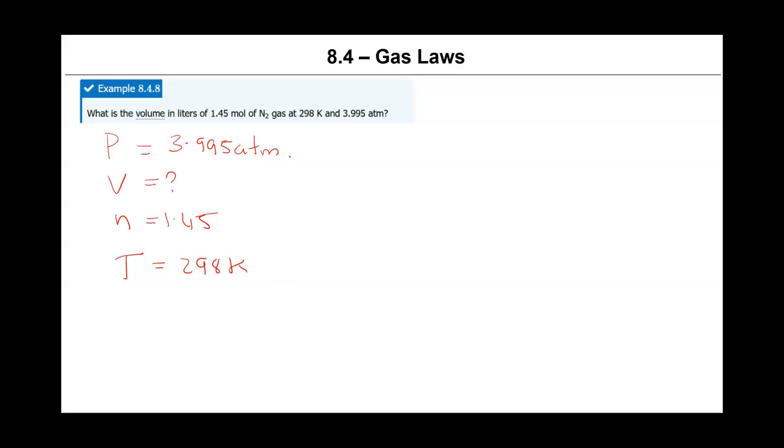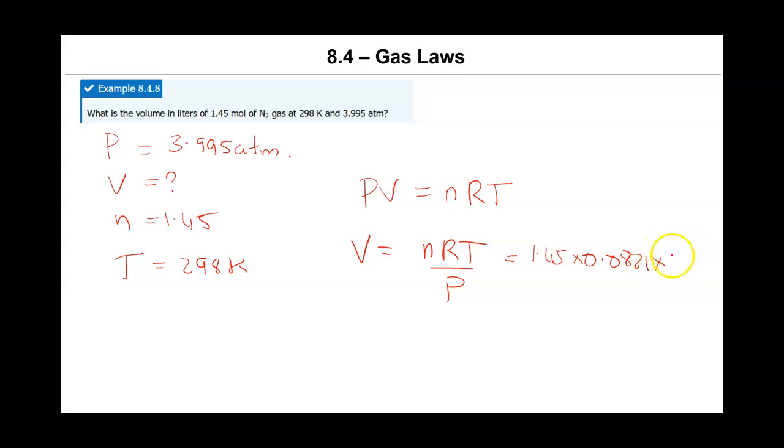So let's write out the ideal gas law, and then we need to reorganize and solve for V. So we're going to have to divide both sides by pressure. And then now we can just solve. So we've got 1.45 times 0.0821 for R times T, which is 298, divided by P, which is 3.995.